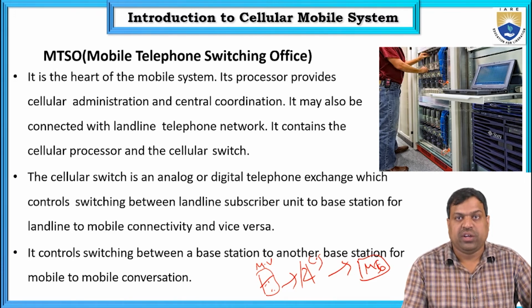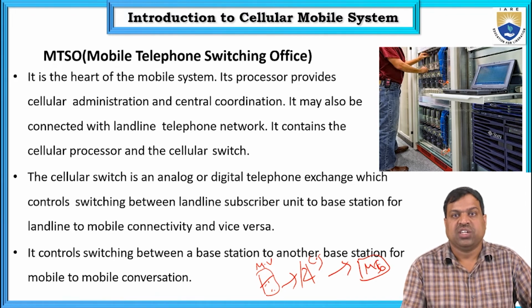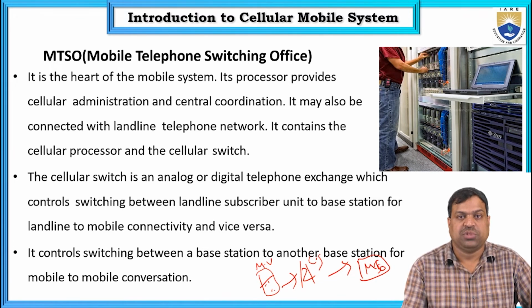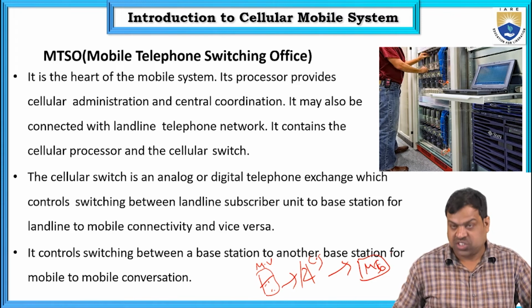It may also be connected with the landline telephone network. It contains the cellular processor and the cellular switch. The cellular switch is an analog or digital telephone exchange which controls switching between a landline subscriber unit and a base station for landline-to-mobile connectivity and vice versa. It also controls switching between one base station and another for mobile-to-mobile conversation.